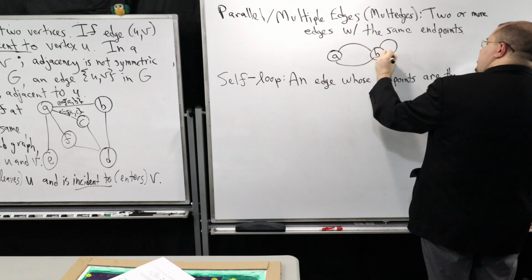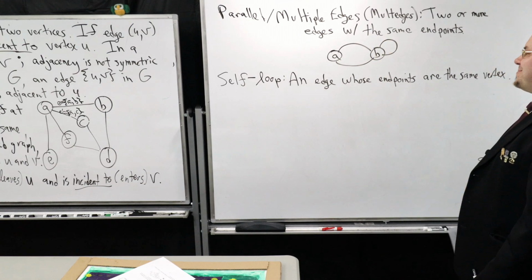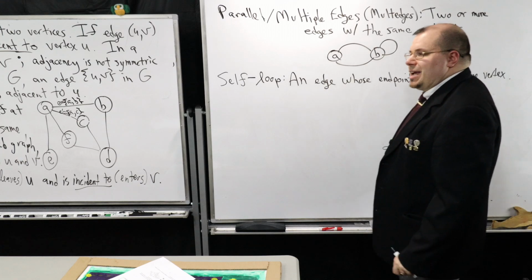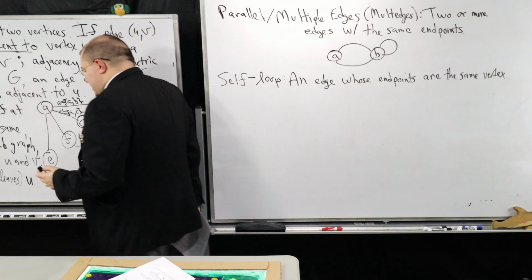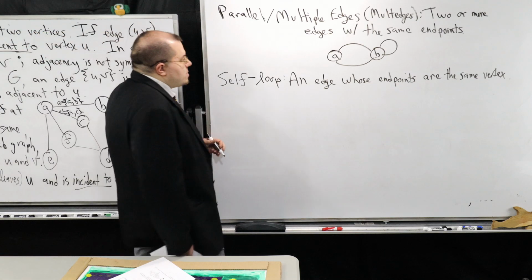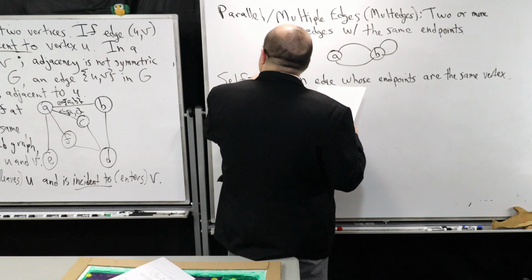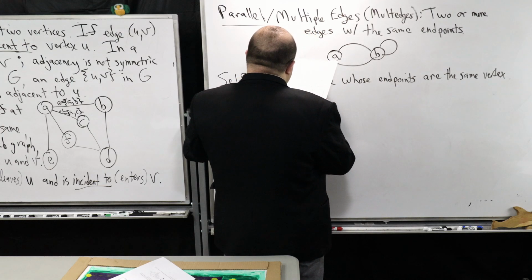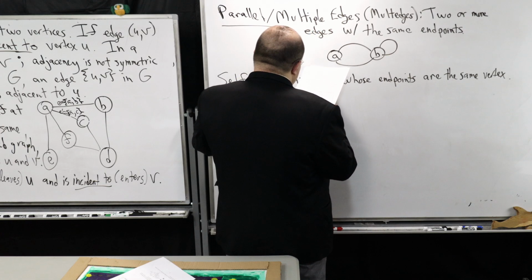For example, I could put an edge like this on vertex B, and I would say that that's a self loop.